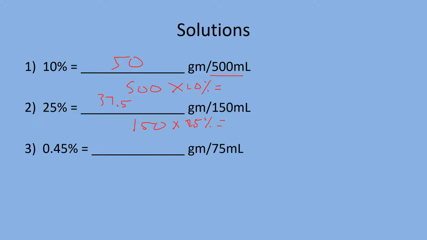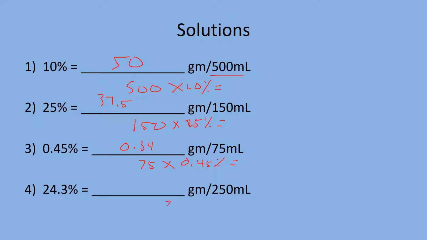And then lastly, you do it the same way. 75 mLs. What is half NS? 0.45. Push your percent button. 0.34 grams. That's not that many. Yeah, about 75 mLs gets you a third of a gram of salt. That's about right.